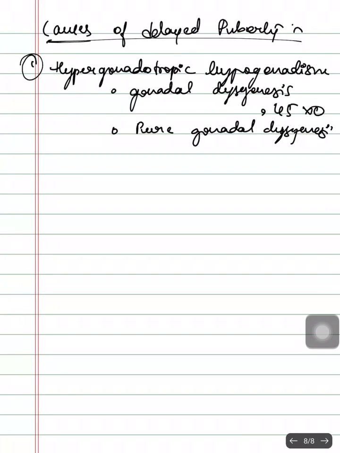Next we will see pure gonadal dysgenesis, which is 46XX and 46XY. Thirdly, we will see ovarian failure, where there are 46XX chromosomes.